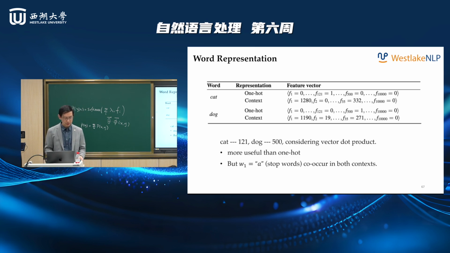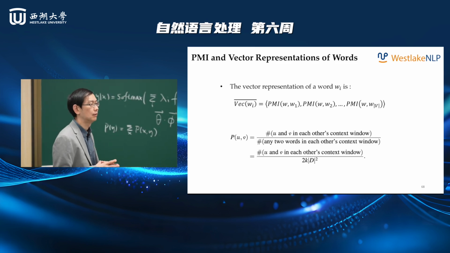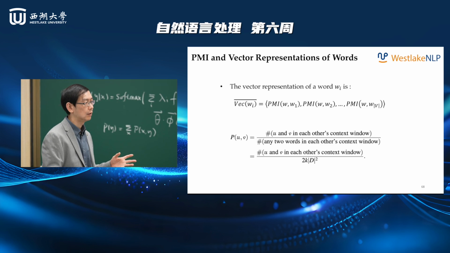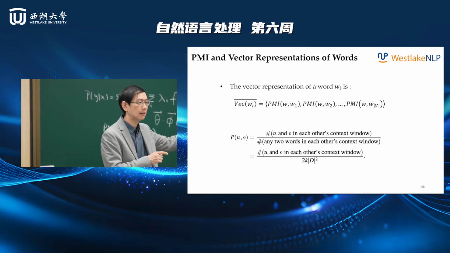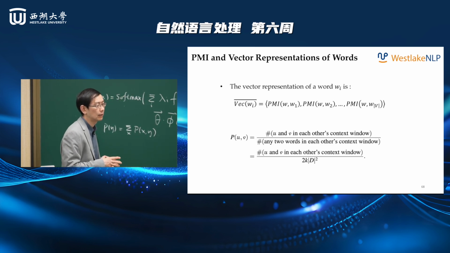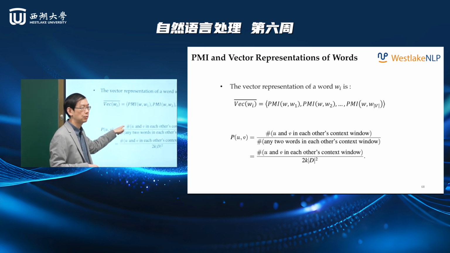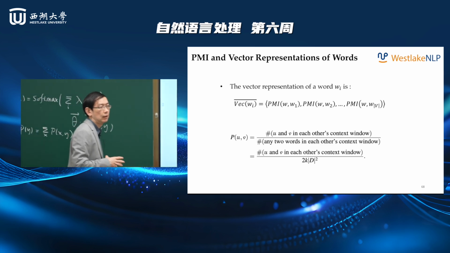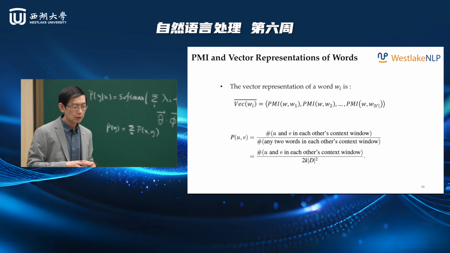So I can change the count into a PMI. I can just use the PMI between a context word and a current word to represent the context word element. In PMI, the joint probability is the probability of the 2 words co-occurring in a k-word window, and the probability of a word is just the relative frequency of the word.